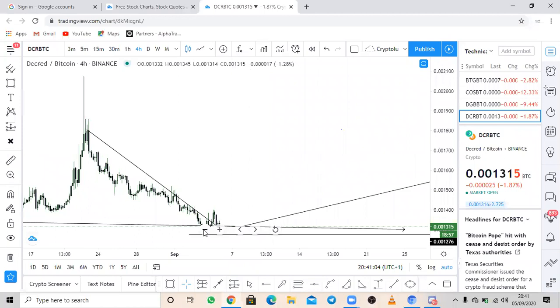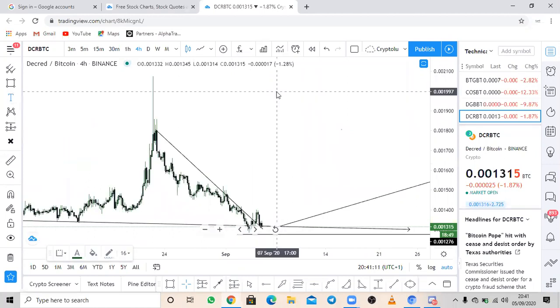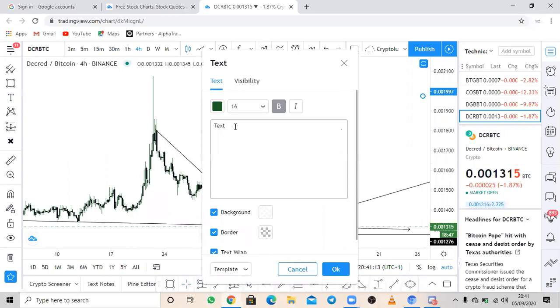So for this one, let me type it out. Our confidence reasons for this one: we have a downtrending support trend line, a bullish divergence.